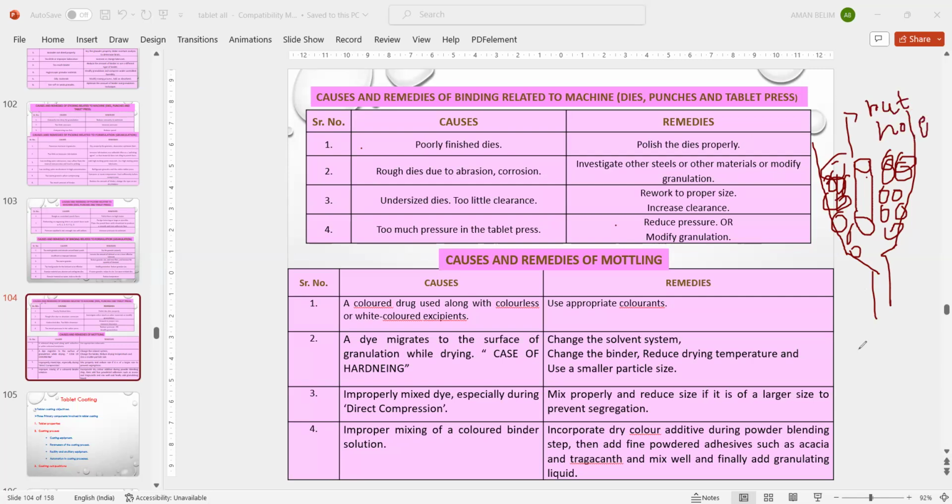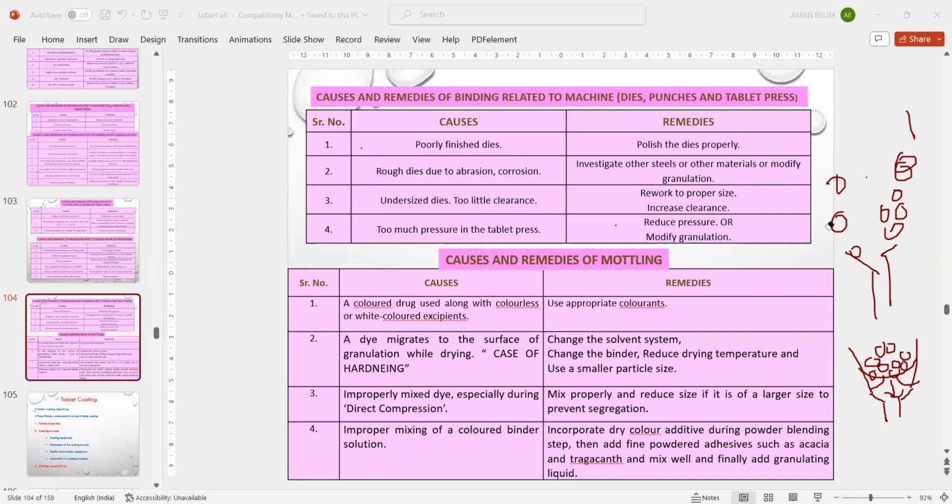And if it forms a bridge like structure like this, your granules will not be able to move downwards. What is the remedy for that? Which excipient will we add to promote flow?